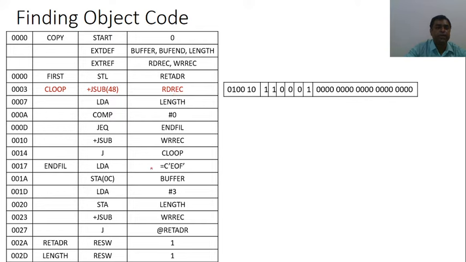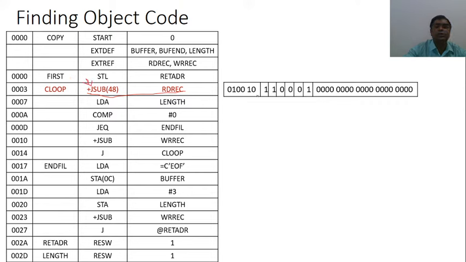Here in the program I am considering only some instructions, and you can apply the same method to find the object code of other instructions also. I am considering CLU plus JSUB RDREC. You can see this is a format 4 instruction because plus is written here.